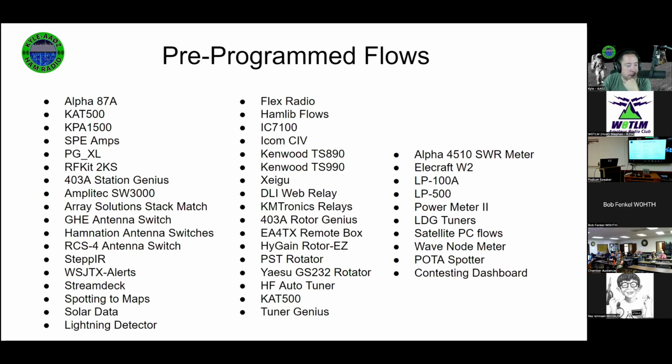Here is just a splattering of all the things I could find that had flows already programmed for them. If you see something on this list, it's in the file section. I know that I missed a bunch because some of them are not named that great, but here's the list that I could find.